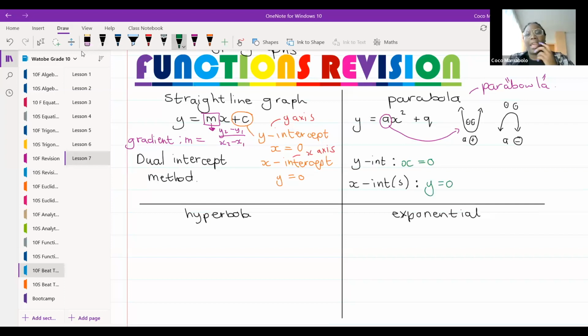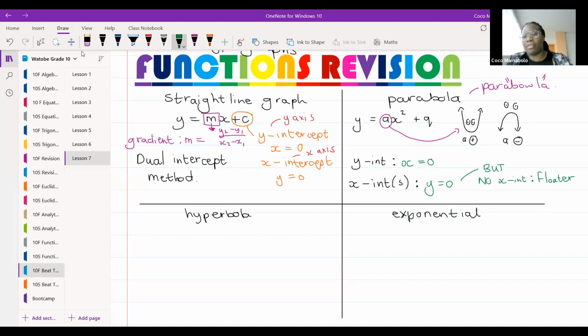But there's a caveat. If there are no x-intercepts, then that means that my graph is a floater.